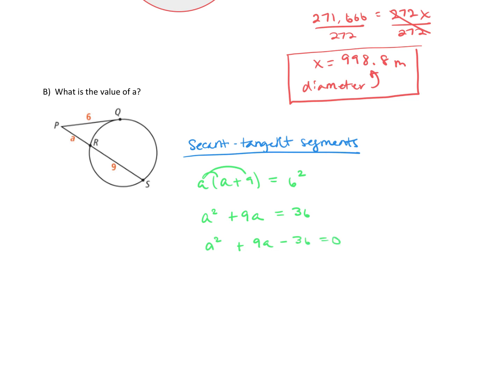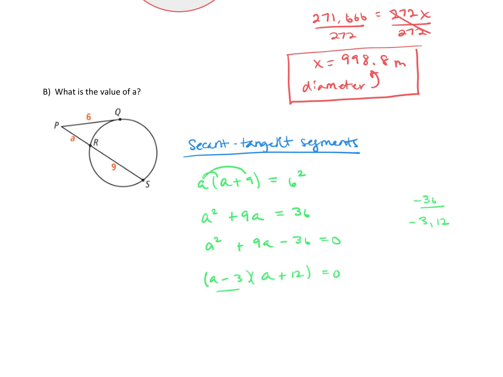And now we're looking for, do we have factors of negative 36 that add up to a positive 9? And we do. That's going to be a 3 and a 12. And if we have a negative 3 times positive 12, we get negative 36, and negative 3 plus 12, we get positive 9. So this is going to factor into A minus 3 times A plus 12 equals 0.